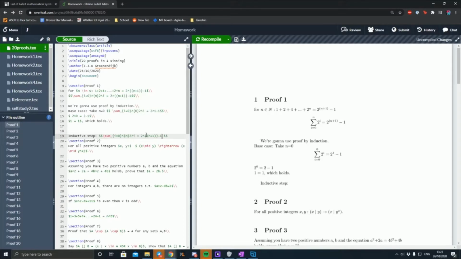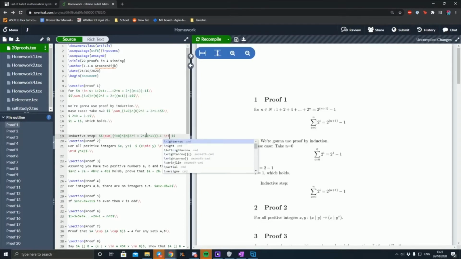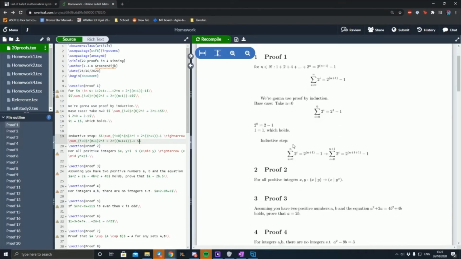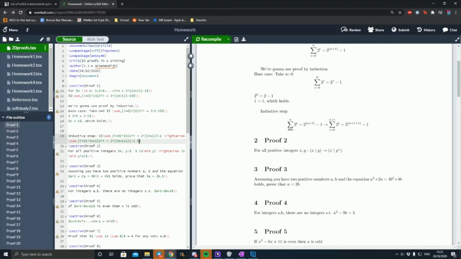So if this holds, then, and again with if-then you can use right arrow or the implication sign or whatever you want to call it. This will hold for n plus 1 equals n plus 1 plus 1. I can of course just say n plus 2, but I'm just gonna write it down like that. So if this holds, or this is the induction hypothesis. No, this is the inductive step.